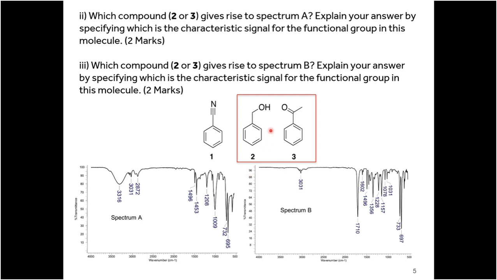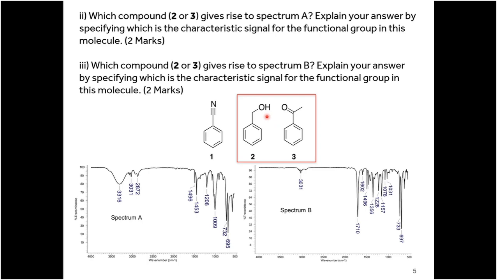So what we have is two molecules, one with an alcohol functional group and one with a carbonyl functional group. Now, remembering back to the previous slide, we would expect an alcohol to absorb between 3000 and 3600 wave numbers, and we would expect a carbonyl to absorb at between 1550 and 1750 wave numbers. So, can we match these up to the spectra?